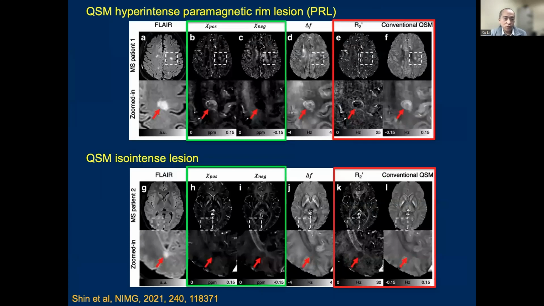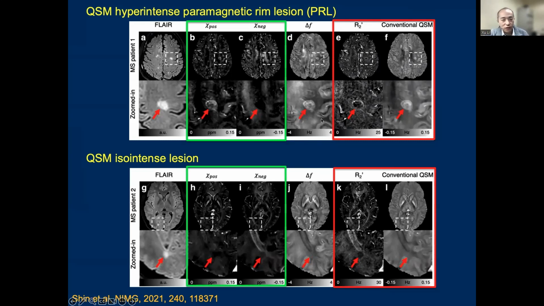Here I'm just showing one of the recent papers from the Korean group on the chi separation work. And so here the chi positive maps can be considered as a measure of iron content. The chi negative maps can be considered as a measure of myelin content. Interestingly, they also show these two types of MS lesions.